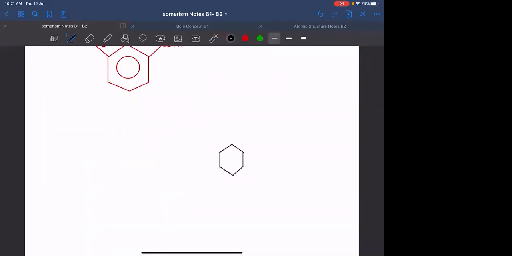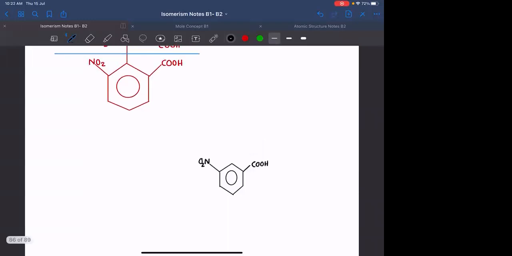Suppose ये benzene ring मान लेते हैं, it is in the plane. यहाँ पे आपको COH है, and here you have NO2. Okay. The other benzene ring becomes out of the plane in order to make space for the NO2 and COH.